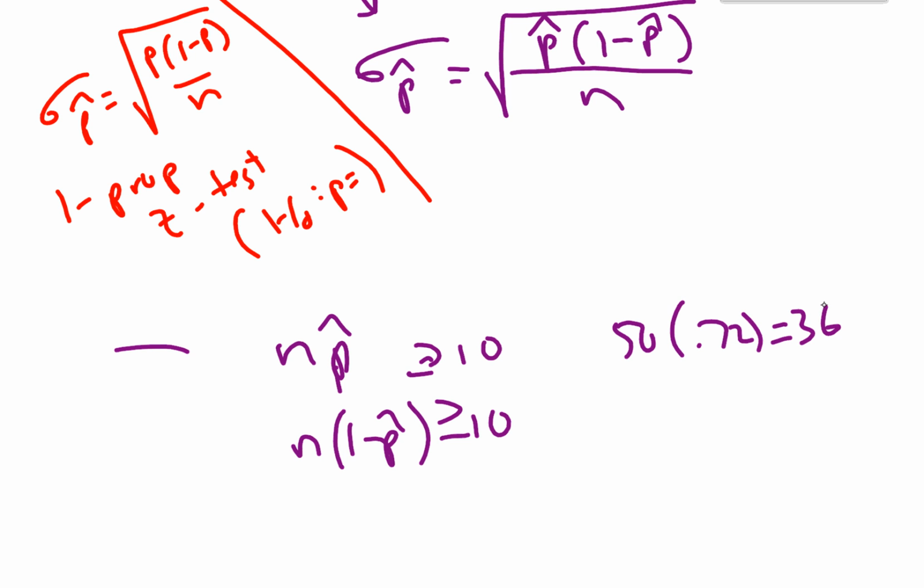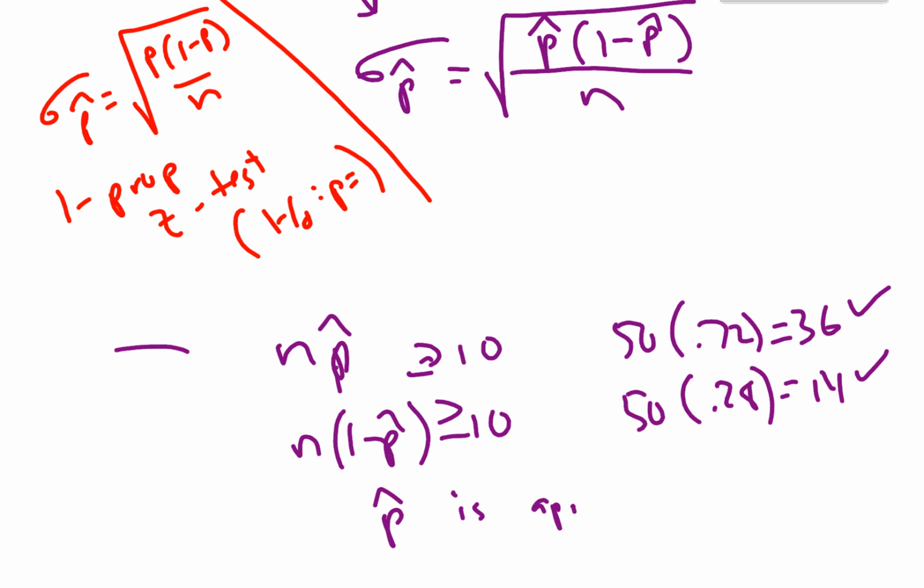That should not surprise you. And then you have 50 times 0.28, which is the other 14 people in the sample. So these are definitely both greater than or equal to 10. We can check that off, and that means that p hat is approximately normal. So we're ready to proceed and calculate our interval.